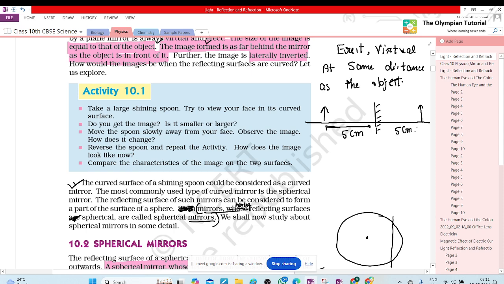Remember in the first test they asked this in an MCQ? They asked the distance between the object and the image formed. I did not read that it was between the object and the image, so instead of writing 10 centimeter in this case, I had written 5 centimeter. It will be 10 centimeter.